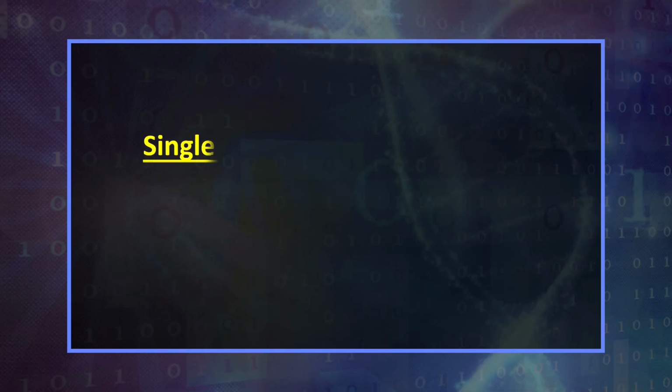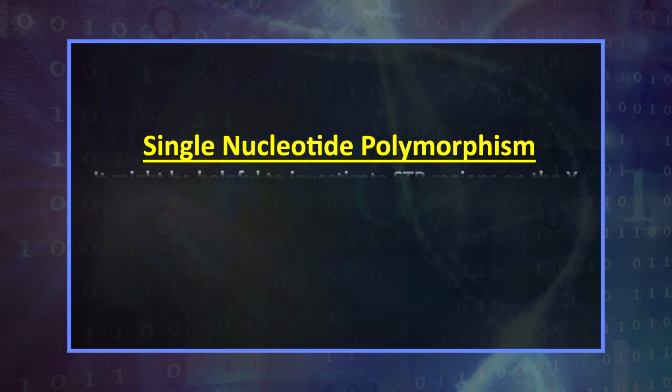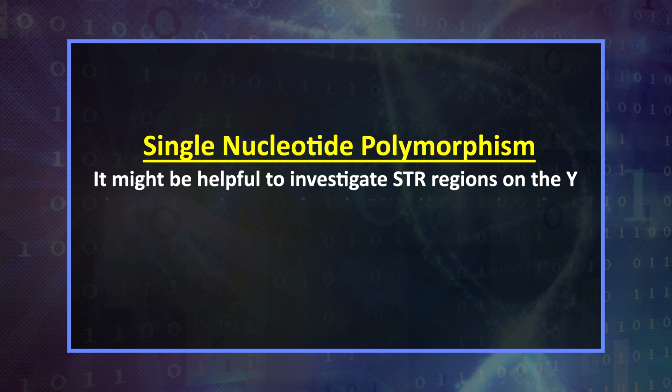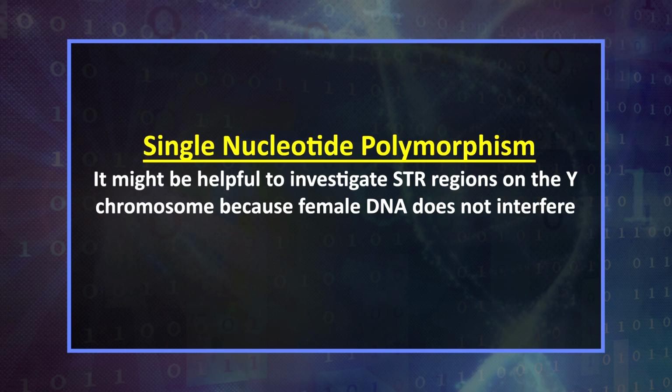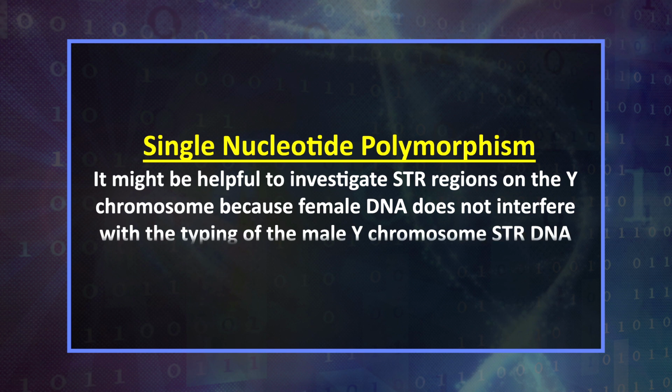In cases in which biological traces exist with mixtures of a relatively large amount of female DNA and a relatively small amount of male DNA, it can be difficult to obtain a conventional DNA profile of the material from the man. In such cases, it might be helpful to investigate STR regions on the Y chromosome because female DNA does not interfere with the typing of the male Y chromosome STR.